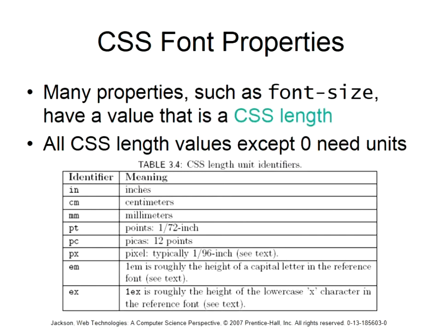Many properties such as font size have a value that is a CSS length. So all CSS length values except 0 need units. There are many unit identifiers in CSS.